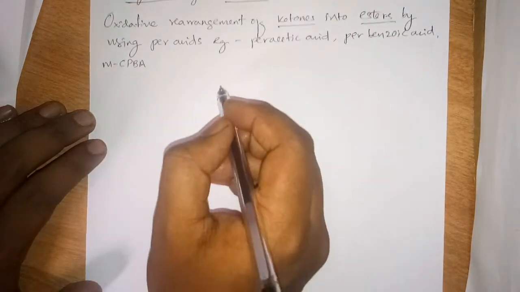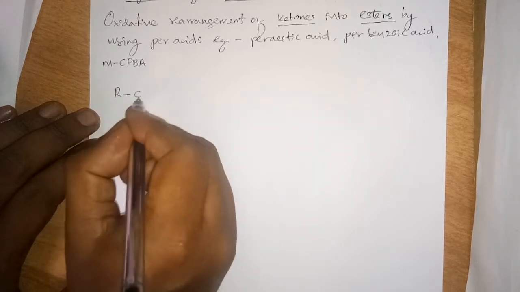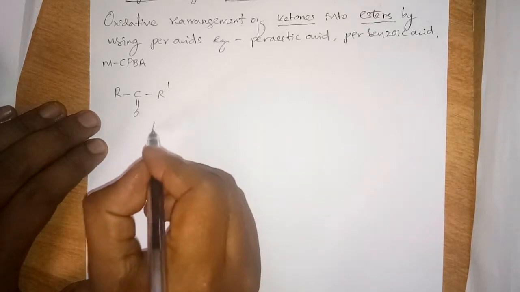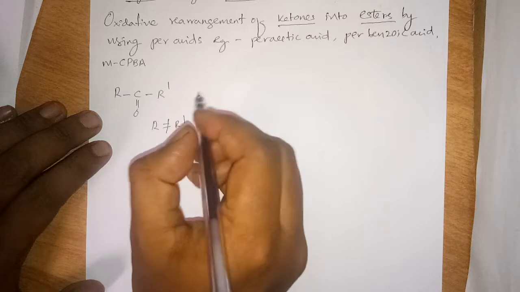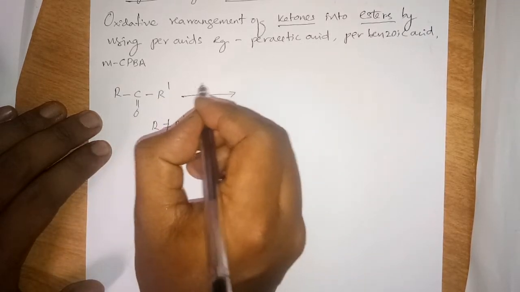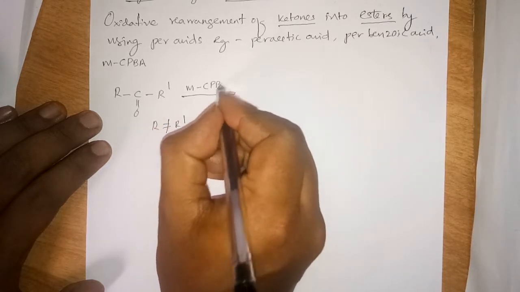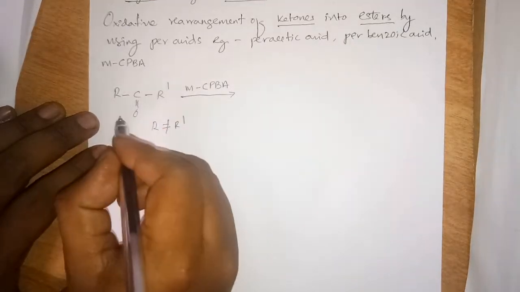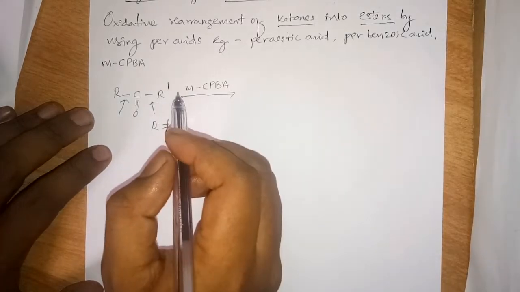So we can take a general example, CO with R and R dash. Here R and R dash are not equal, they are different. We are using some peracids. So here the oxygen will be inserted either here or here. There are two possibilities.